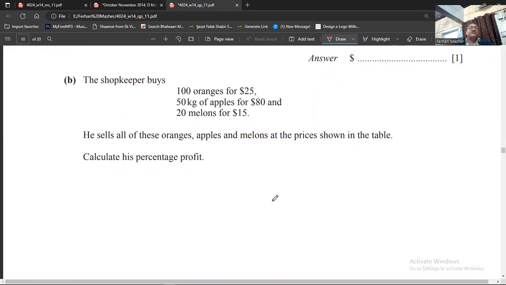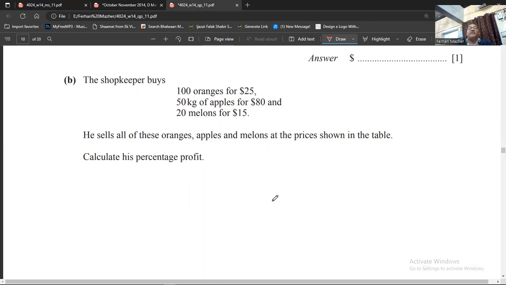Then the question is: the shopkeeper buys 100 oranges for $25, 50 kg of apples for $80, and 20 melons for $15. He sells all of these oranges, apples, and melons at the prices shown in the table.